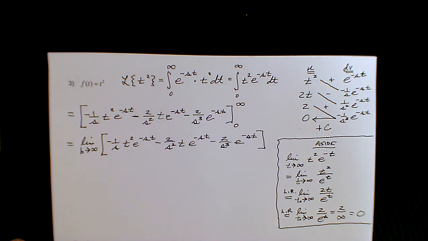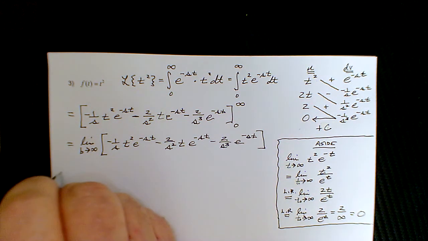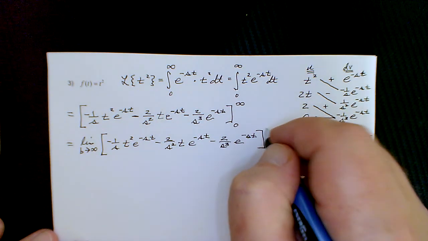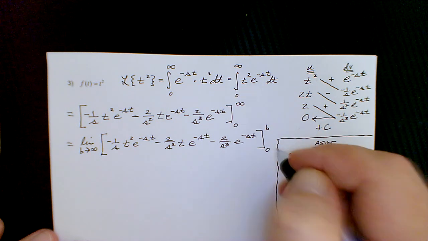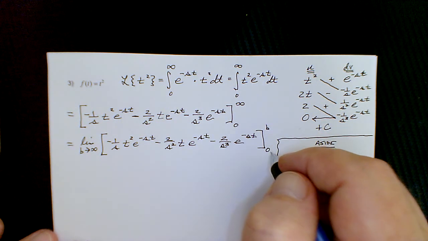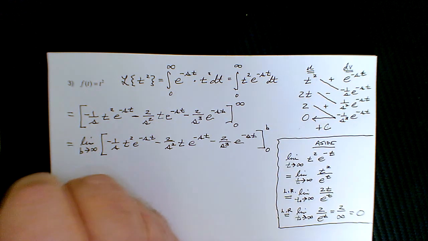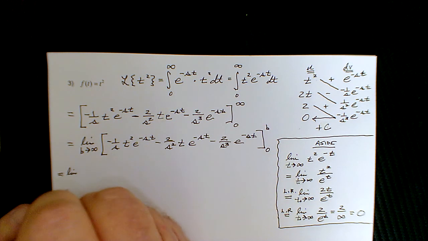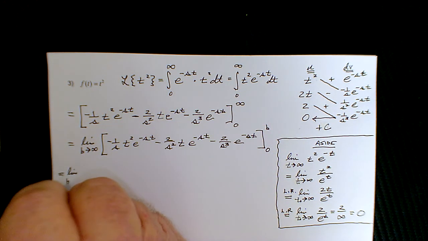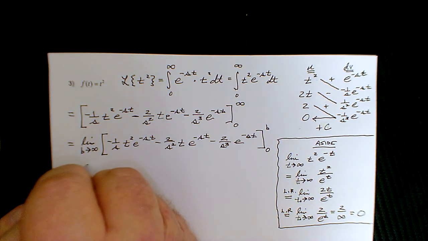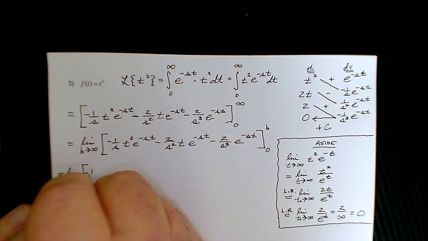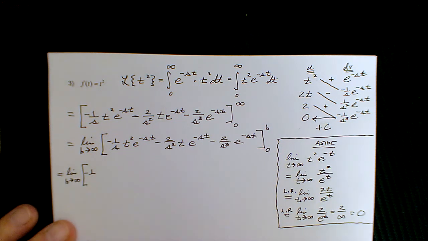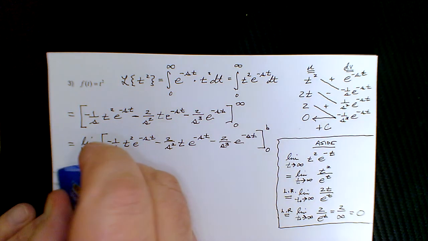So what I'm saying is that when we make this substitution, b and 0 are my limits now, right? When I make this substitution and I get the limit as b goes to infinity, and we plug in the upper limit, well, actually, let's not even do that.